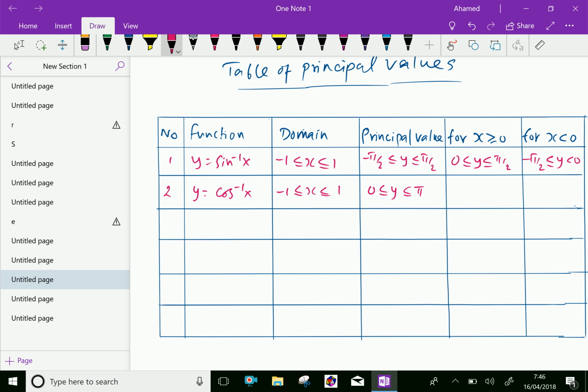Then if x is greater or equal to 0, the principal value is 0 lesser or equal to y, lesser or equal to pi by 2. Then for x is lesser than 0, pi by 2 lesser than y, lesser or equal to pi.